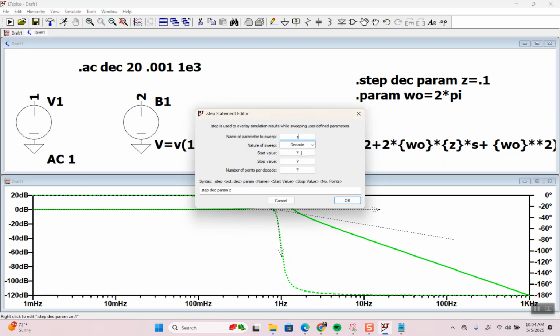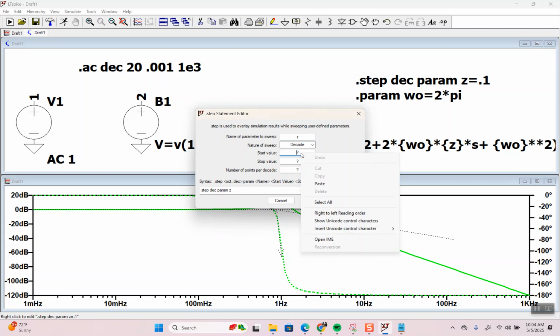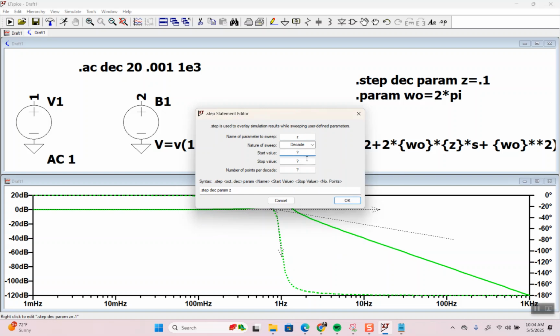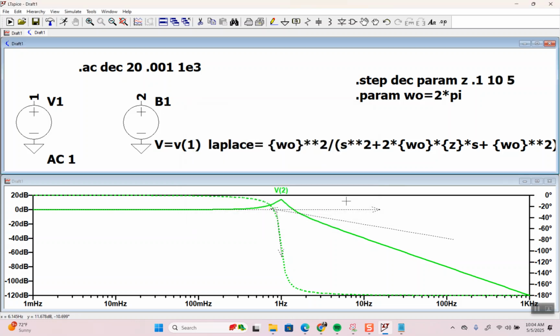Start value 1, 10. Step dec. Isn't that what I had? Oh, maybe I forgot Z. All right.